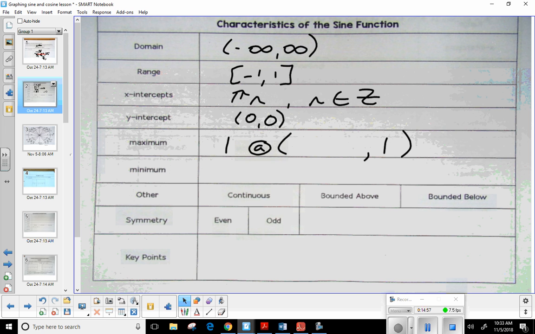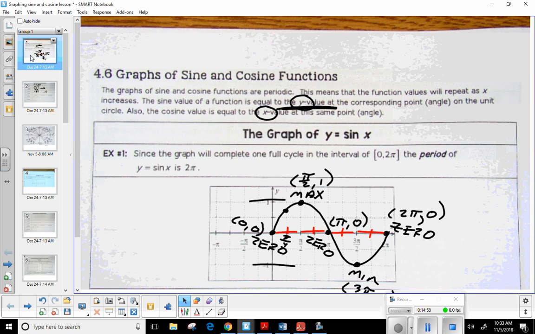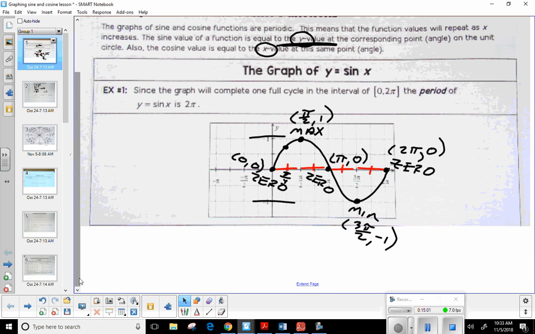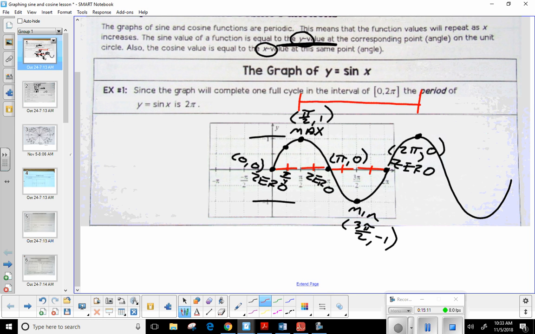So let's take a look at the graph again. All right. We got this guy right here. Now, let's think, if this pattern were to continue, this would be the next maximum I'd be at, right? So what's the period of sine? Remember, it's 2 pi. It repeats itself every 2 pi radians, every 1 revolution.